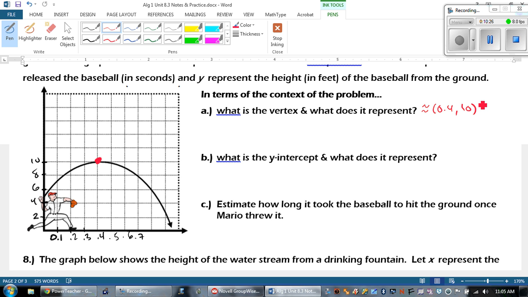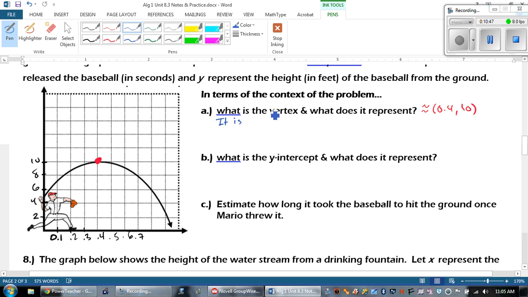Well, you're throwing a baseball, right? So what that means is as I'm throwing this baseball, or Mario, whoever threw it, that's as high as the ball gets, because after that, the ball starts to what? Yeah, it starts to drop, okay? So, what does it represent?